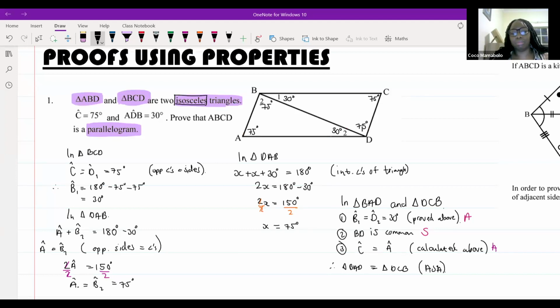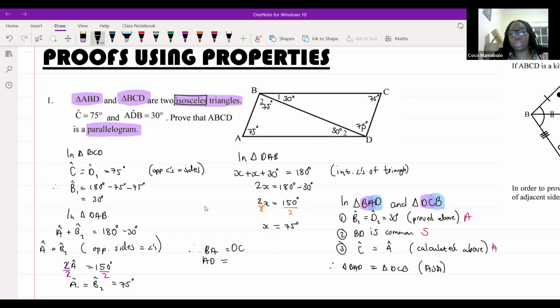That then tells me, therefore, side BA is equal to which side? DC, correct. BA is equal to DC. And side AD is equal to side BC, right, or CB, correct.